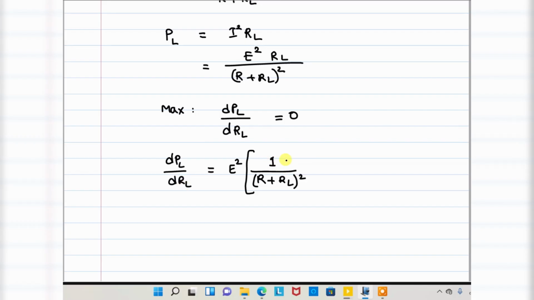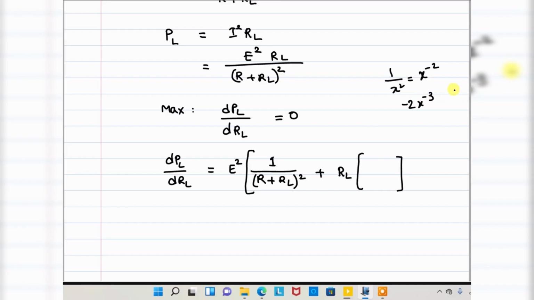Then u times the derivative of the denominator: this has power 2, and 1 by x squared is x to the power of minus 2, whose derivative is minus 2 times x to the power of minus 3.